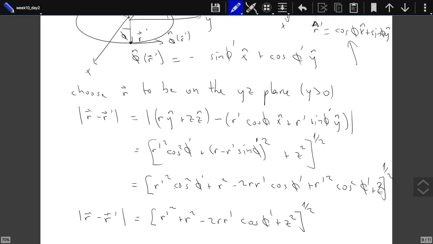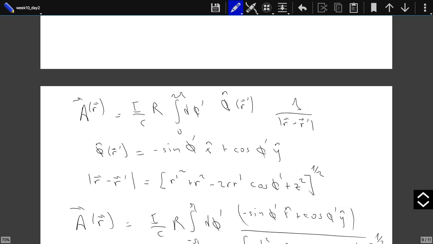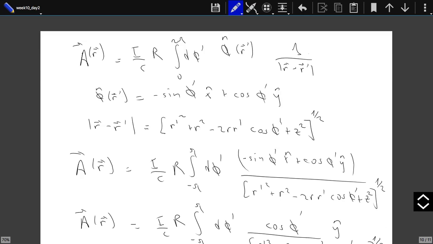This is cosine squared. This is sine phi prime. This is sine squared phi prime. So this is not cosine phi prime, this is sine of phi prime. Okay. So let's go back. Let's come here. So here we have this. This one is sine of phi prime. So here I have a sine of phi prime.